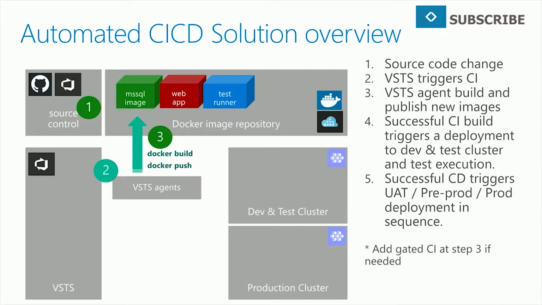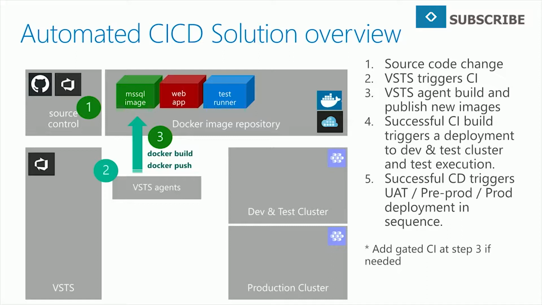Now, when the new image with the source code change is built using Docker build and then pushed using Docker push, it goes to a Docker image repository. In this case, we create a new MS SQL image with my custom components in it, and the web application changes, and the test runner all together.